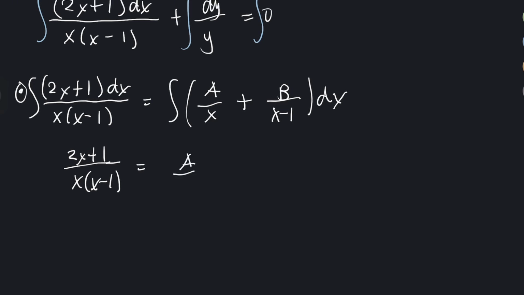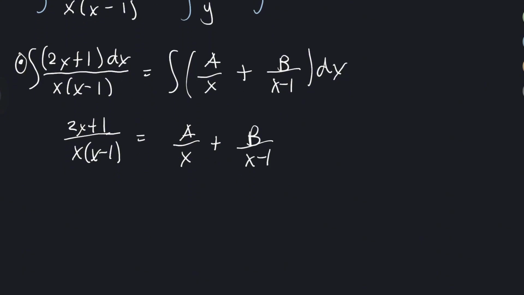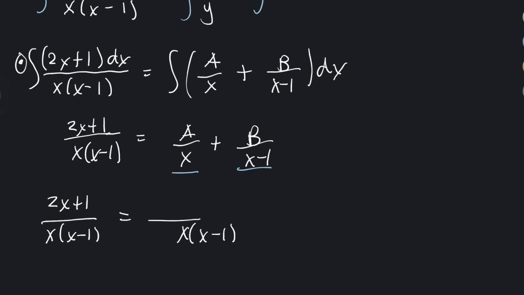I'm going to just rewrite it. Let me copy the (2x plus 1) all over x times (x minus 1) is equal to, let's take the LCD of x and x minus 1. That would be x times (x minus 1).